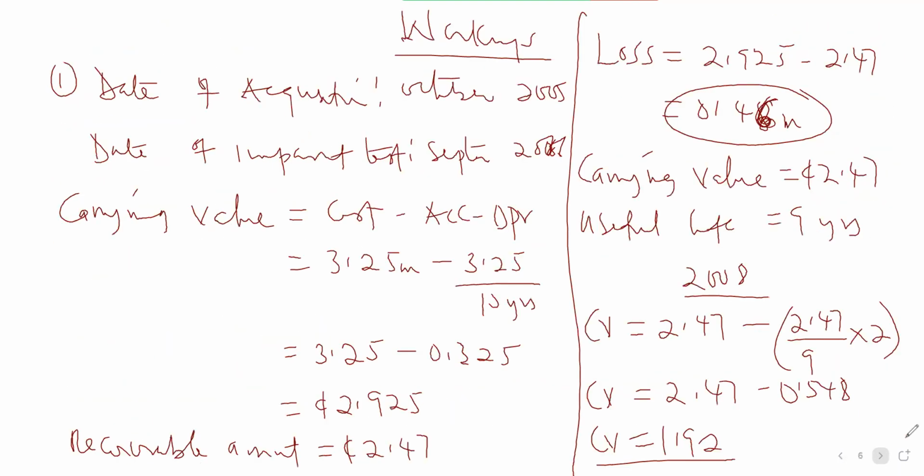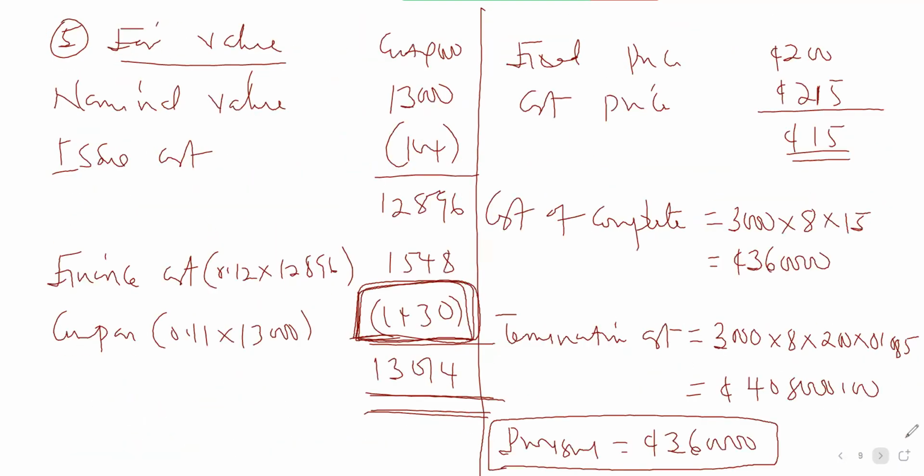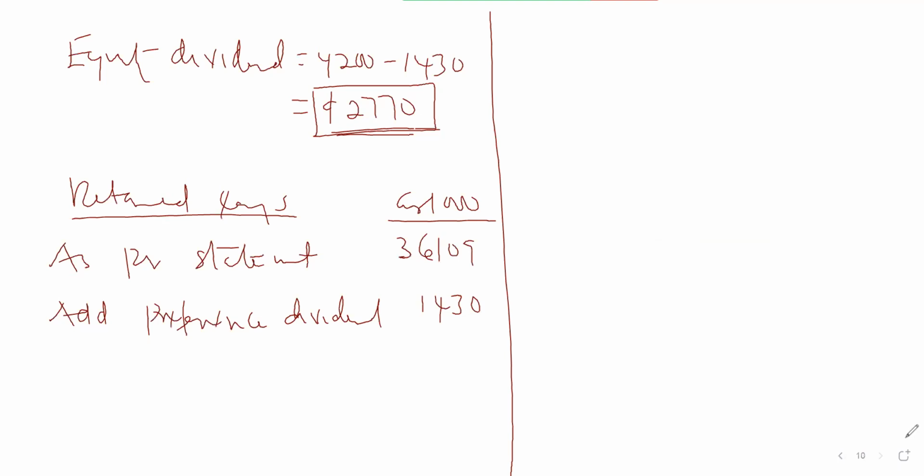So what you do is you go to your retained earnings, then you subtract. So you do overstatement of profit for the year. So that will be how much? That was how much? 670.